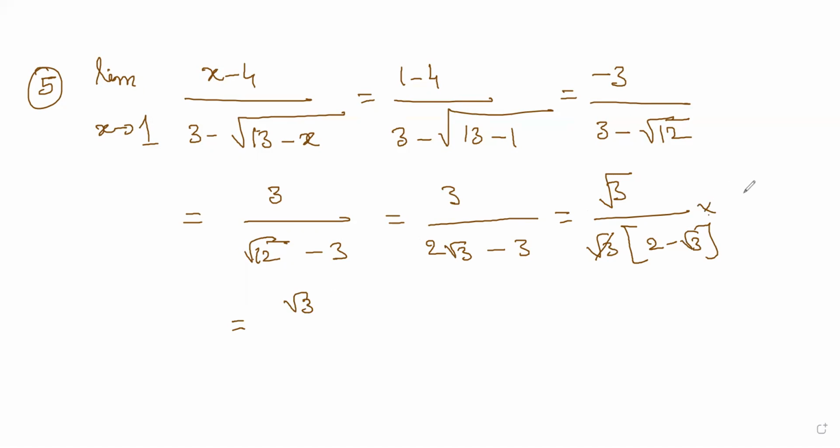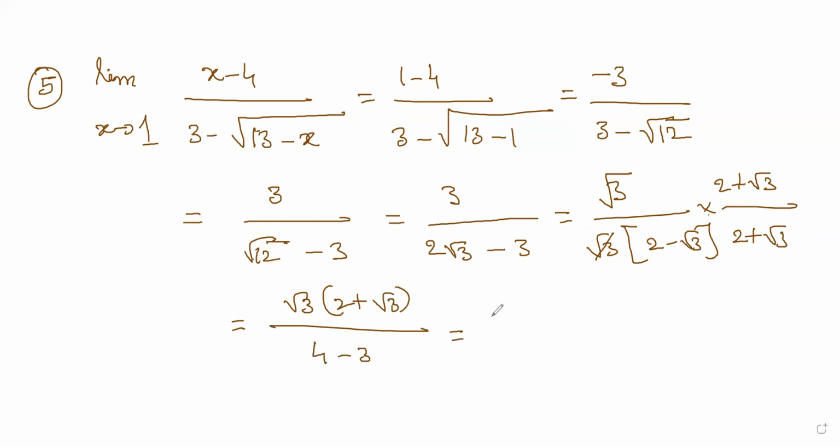You can multiply and divide with 2 plus root 3, which is the conjugate. Then you have 2 plus root 3 in the numerator, divided by 4 minus 3, that is 1 in the denominator. When you multiply with root 3, you get 3 plus 2 root 3. So this is how you get the answer.